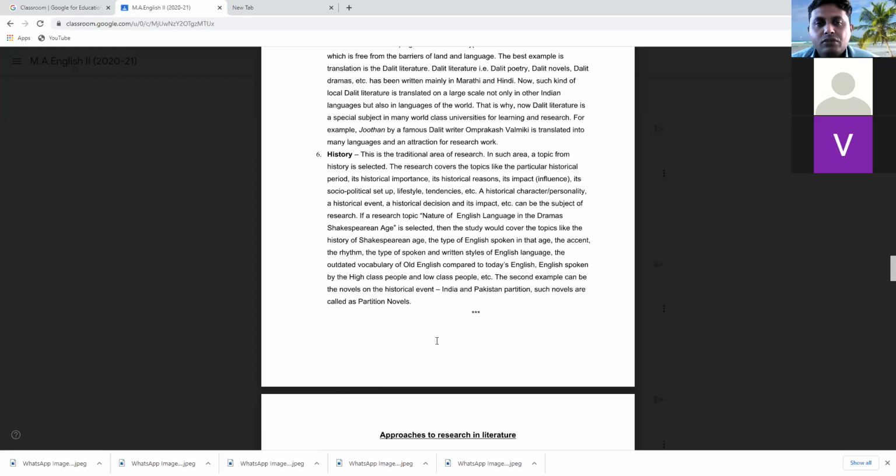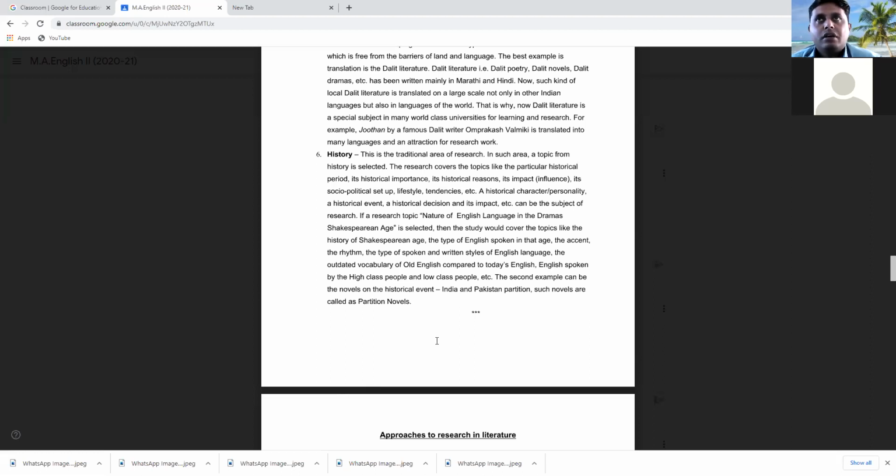The second example can be novels on a historical event, the India and Pakistan partition. Such novels are called partition novels, right? So history: if I am studying historical poems, historical texts, or the correspondence of King Shivaji, it automatically becomes a historical research, right?